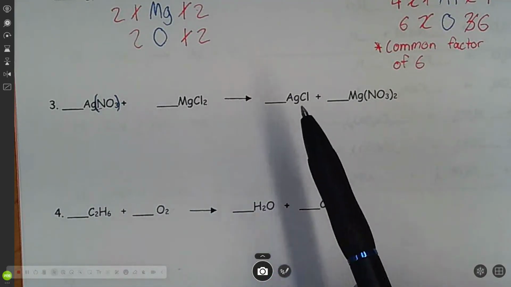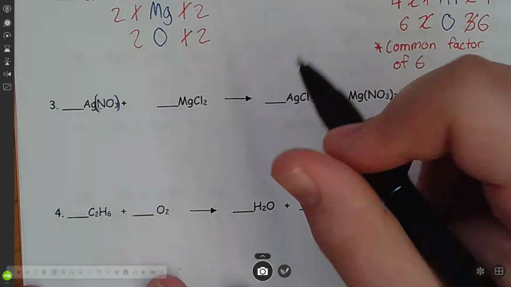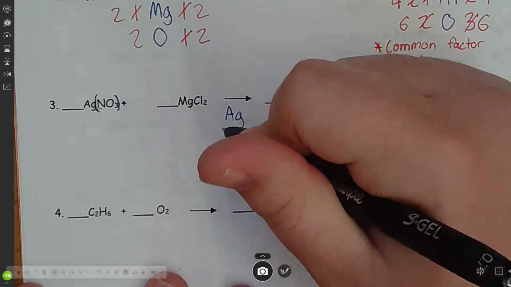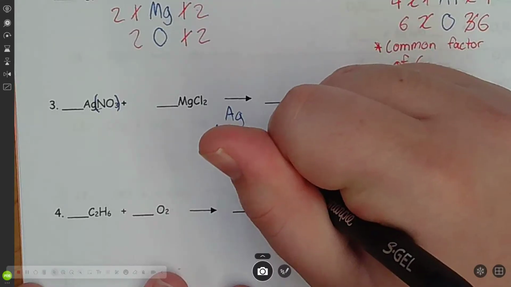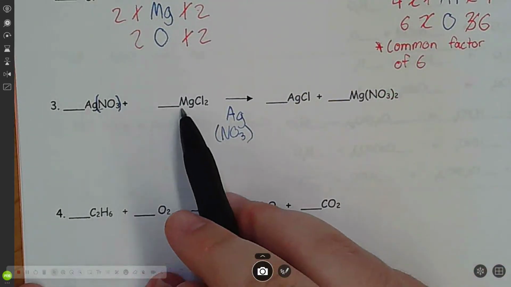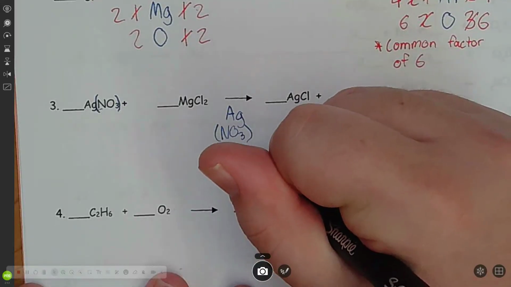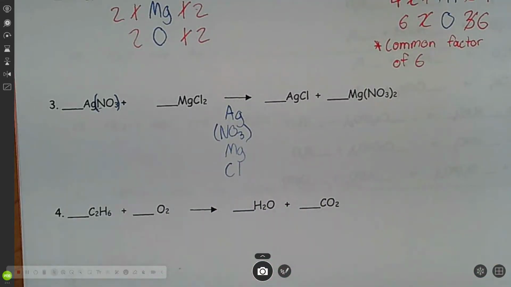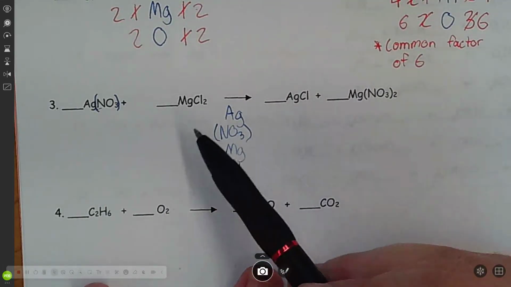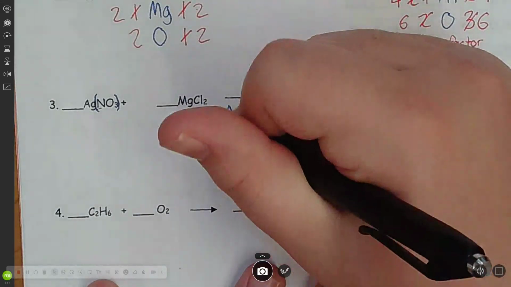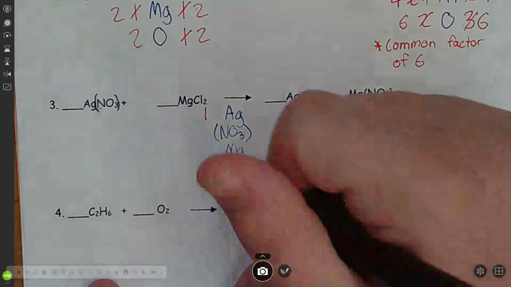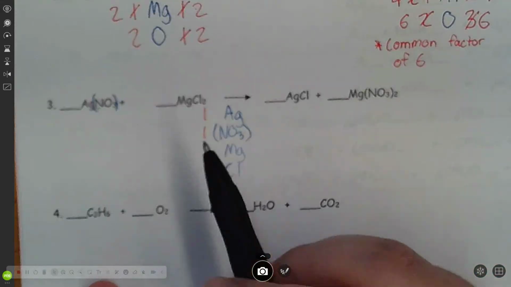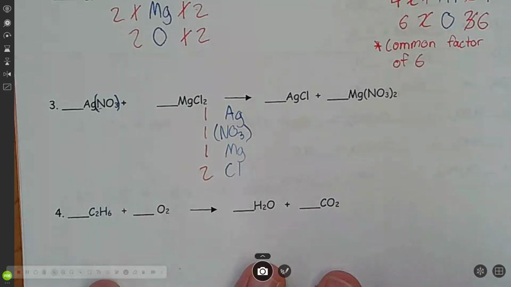So with that in mind, we're going to solve it the exact same way we did number 1 and 2. We're going to have an Ag. We're going to have an NO3. We've got an Mg. And we've got a Cl. Counting up on the left side, I've got 1 Ag, I've got 1 NO3, I've got 1 Mg, and I've got 2 Cls.